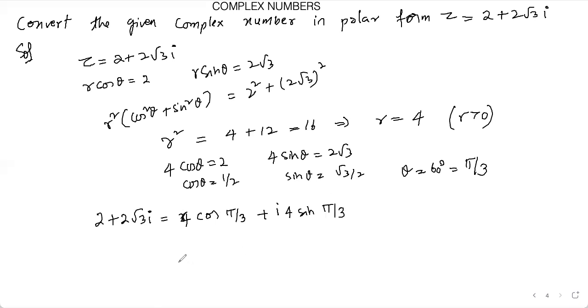So we'll take 4 common. This will be 4 times cos pi by 3 plus i sin pi by 3. Also we can write this as 4 into e to the power of pi i by 3.